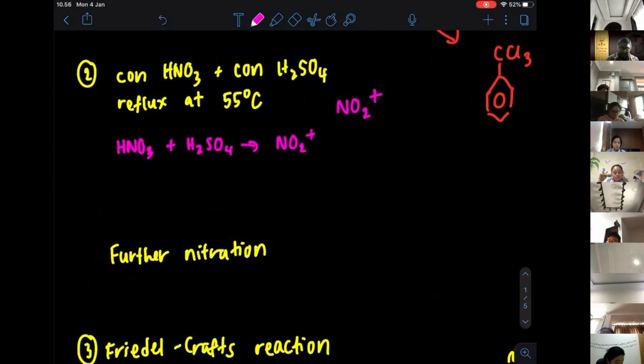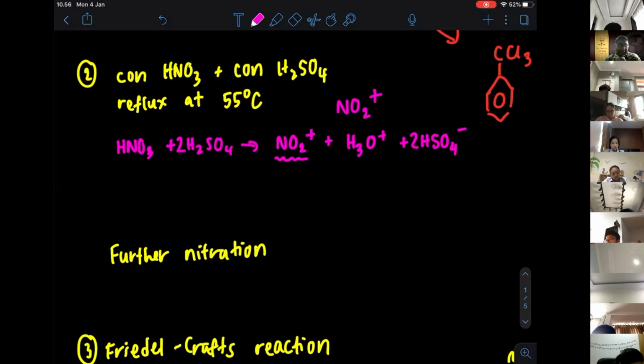You get NO2+, H3O+, and HSO4-. I think it's not balanced. You just need to put 2 here, and I think 2 here. Then it will be balanced, but you can always check from your book. The important thing is that you generate this electrophile.